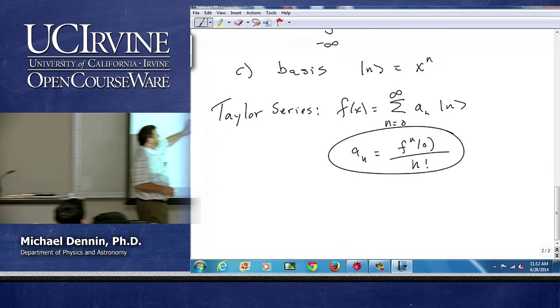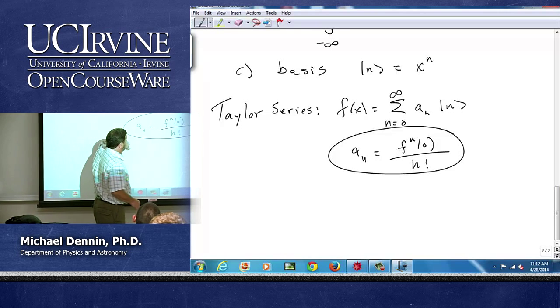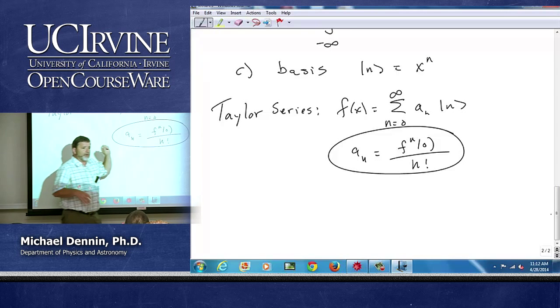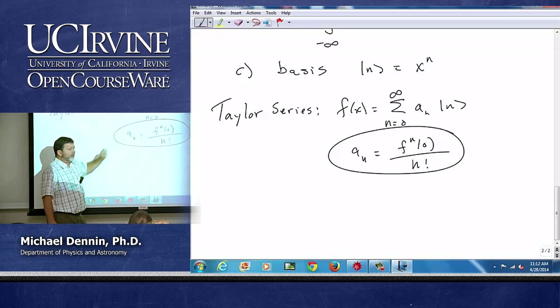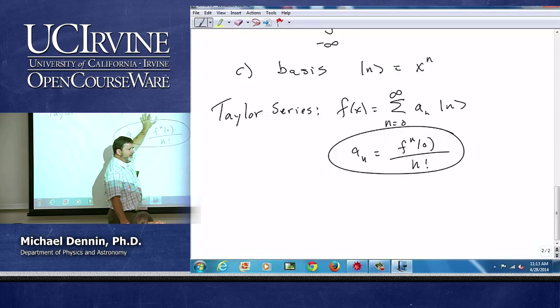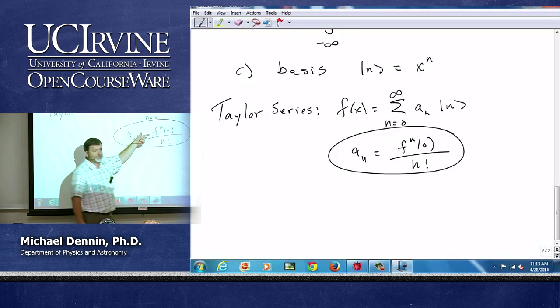And this is where the idea of a basis being linearly independent versus worrying about it being orthogonal is key. There is absolutely nothing wrong with this as a basis, and there's nothing wrong with it as an expansion. But we'll see it doesn't make the most sense as an orthogonal expansion.